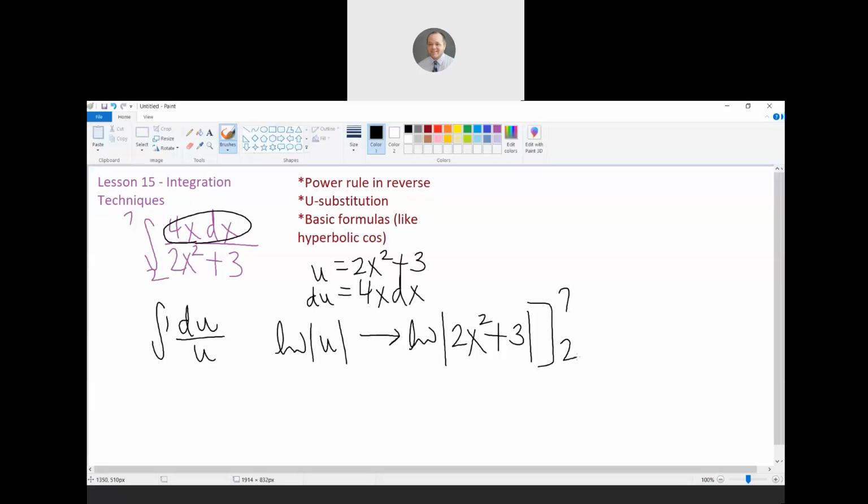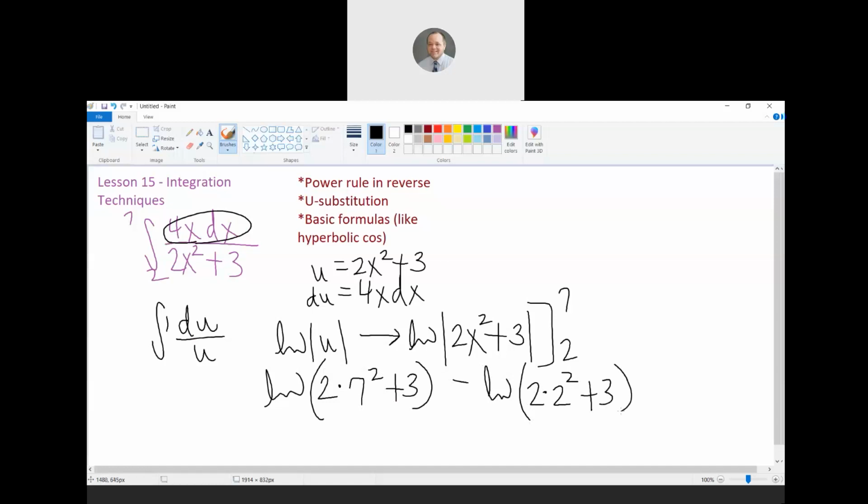Now, we plug in 7 first in place of x. So that would be natural log of 2 times 7 squared plus 3, minus natural log of 2 times 2 squared plus 3. 7 squared is 49, times 2 is 98.